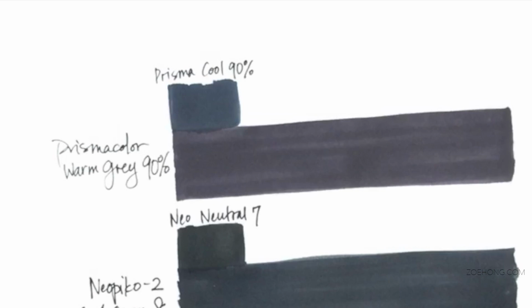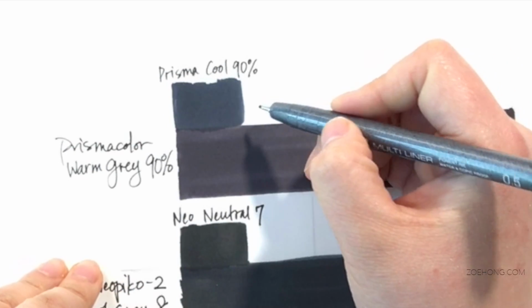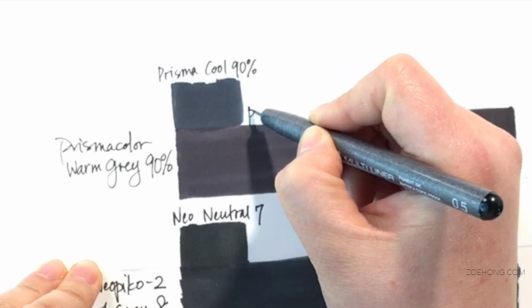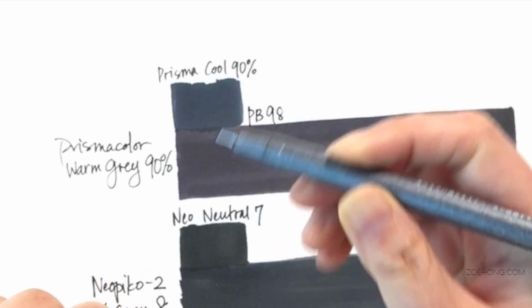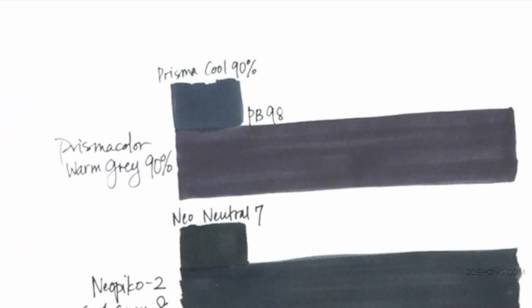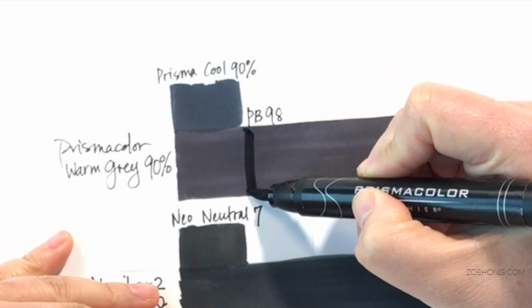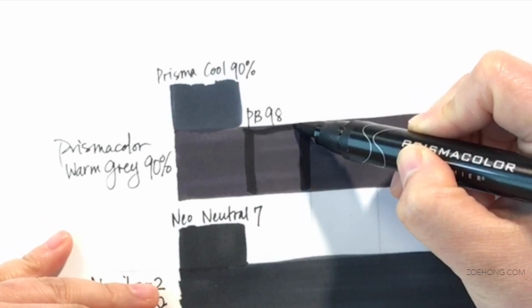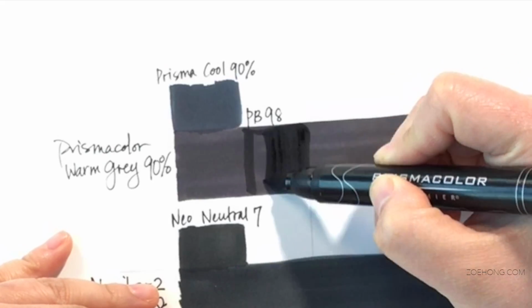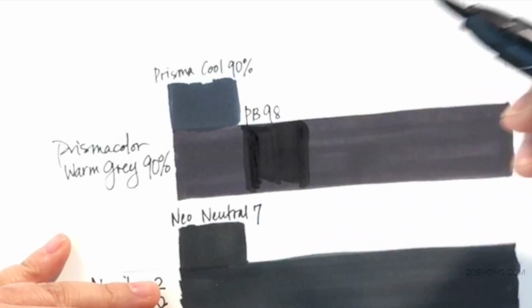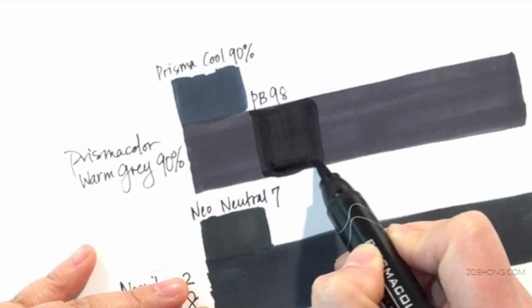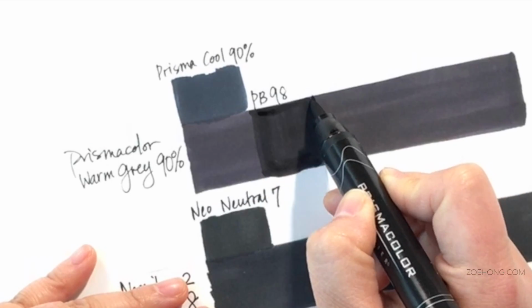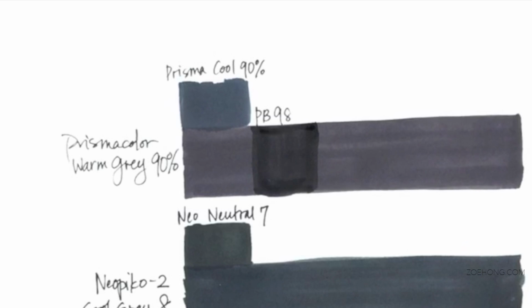Now let's get started with our black markers. First up is the Prismacolor Black PB98. And I'm going to layer it on top of the Prismacolor Warm Gray 90 because that's how I'm going to use it. Anytime I'm testing media, I try to test it as closely to how I'm going to use it in my final illustrations as much as possible.